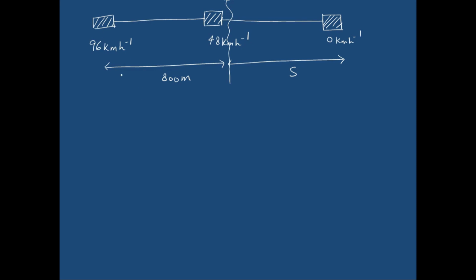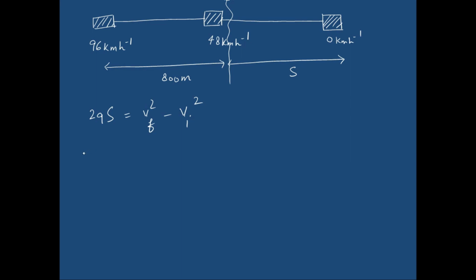In the first part, the train was moving with 96 kilometers per hour, and as the brakes were applied, its velocity decreases and reaches 48 kilometers per hour, and during this it covers a distance of 800 meters. So we can use the third equation of motion to calculate the retardation: 2as equals vf square minus vi square.